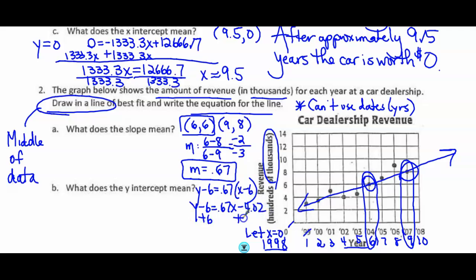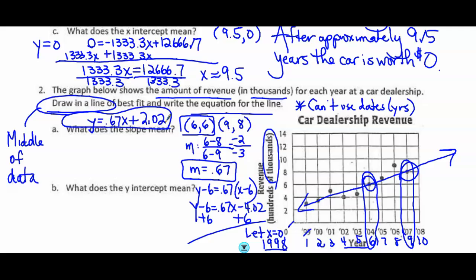Add 6, add 6. I'm going to write my equation right in here. Y equals 0.67x plus 2.02. Now, remember, this is an approximation.